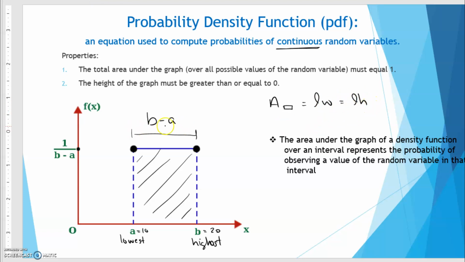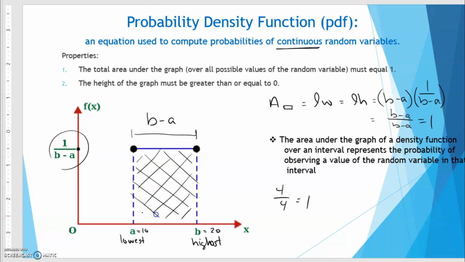Our length is B minus A. Our height is 1 over B minus A. So this is the same thing as B minus A over B minus A. I have the same number on top and bottom. It's like saying 4 over 4, which is the same thing as 1. So the area over the entire rectangle has got to be equal to 1. That's what it says right here.